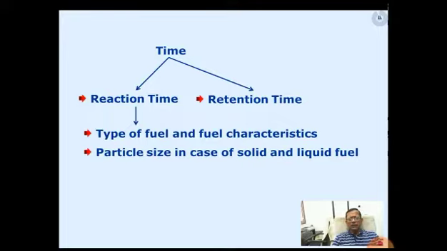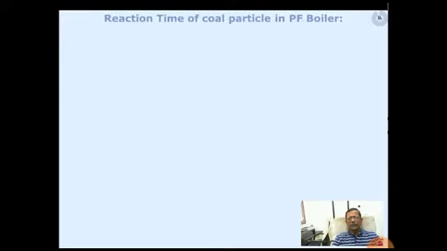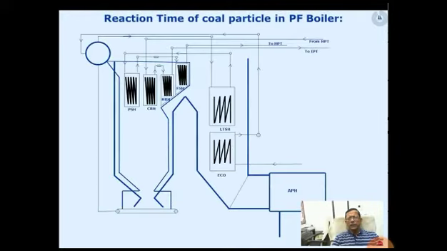Now if I take a look at this time in case of a pulverized coal-fired boiler, usually the coal particle size which comes to the furnace is, we have discussed, about 70% should pass 200 mesh size. In terms of micron size, it is usually around 30 to 70 micron particles that come into the furnace.